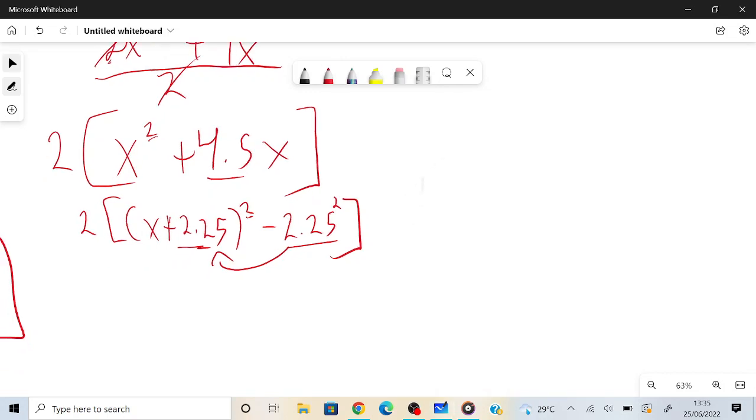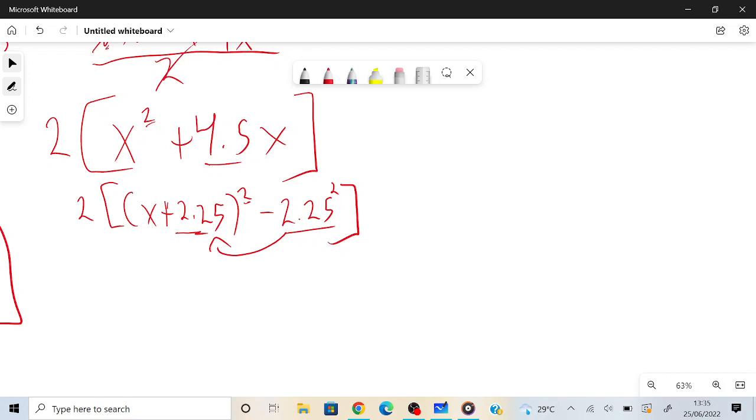And doing this, we have 2 into x plus 2.25 squared minus 2.25 squared is minus 5.0625.